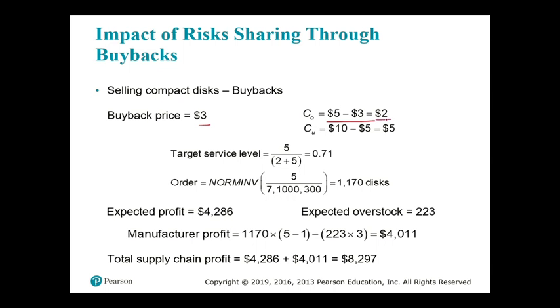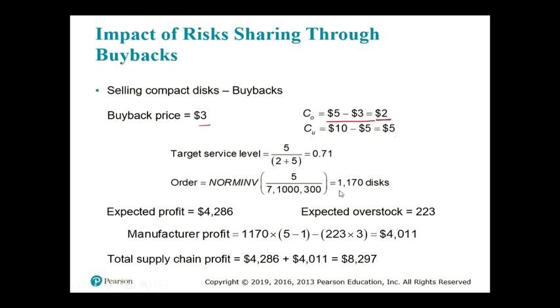So overage cost is obviously lower than before, and underage cost is the same. So the target service level becomes 0.71, an increase from 0.5. And as a result, the order quantity also increases.